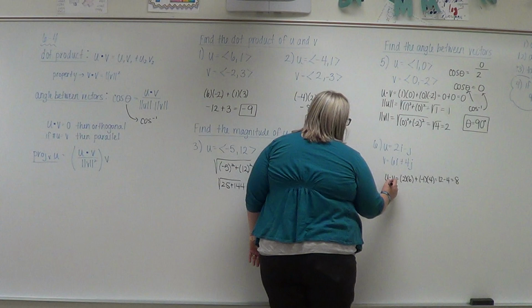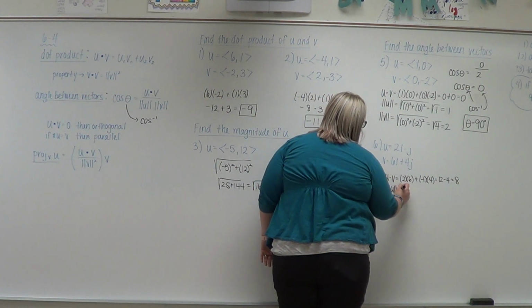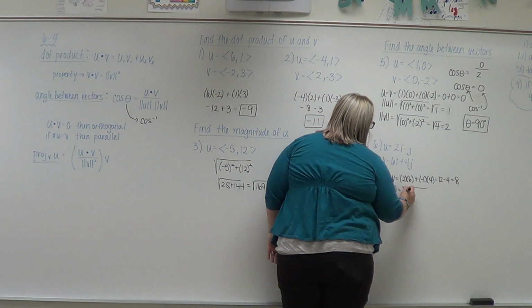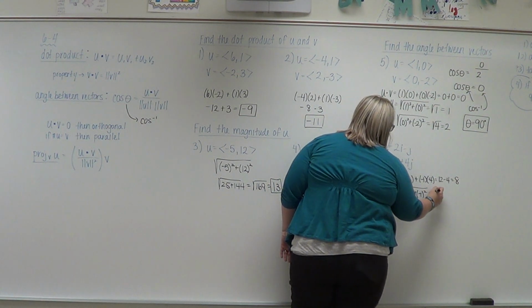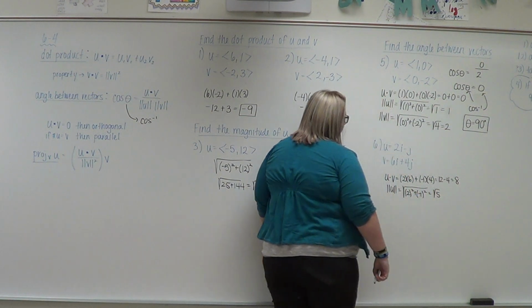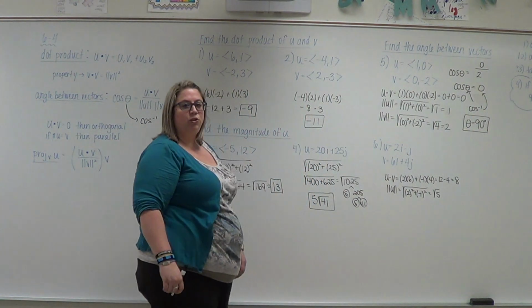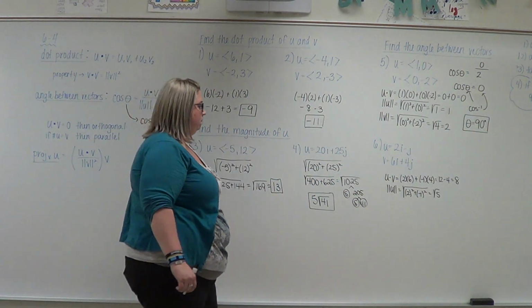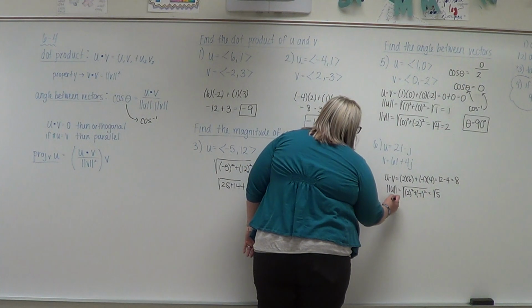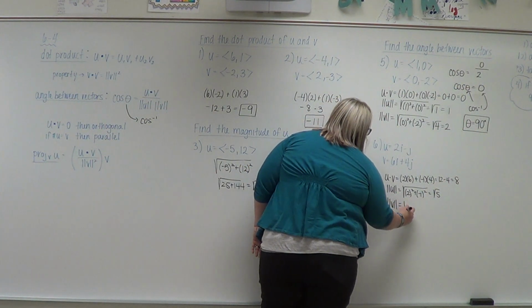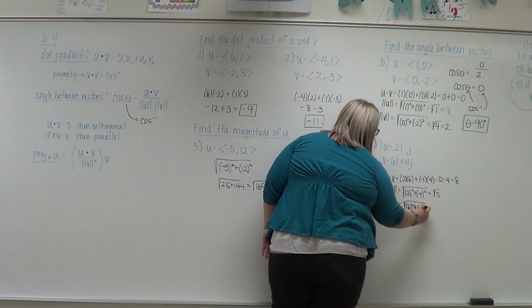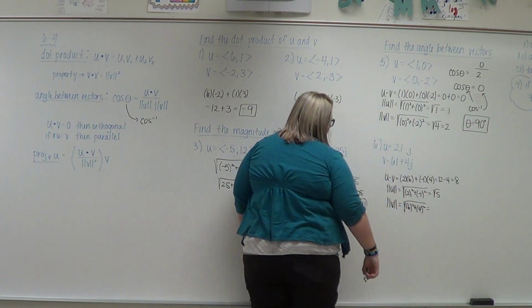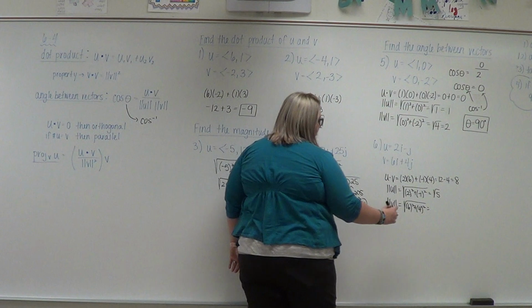Then the magnitude of u is the square root of 2 squared plus negative 1 squared, which is the square root of 5. That doesn't reduce, so you leave it like that. Then the magnitude of v is the square root of 6 squared plus 4 squared. 36 plus 16 would be what? Square root of 52?